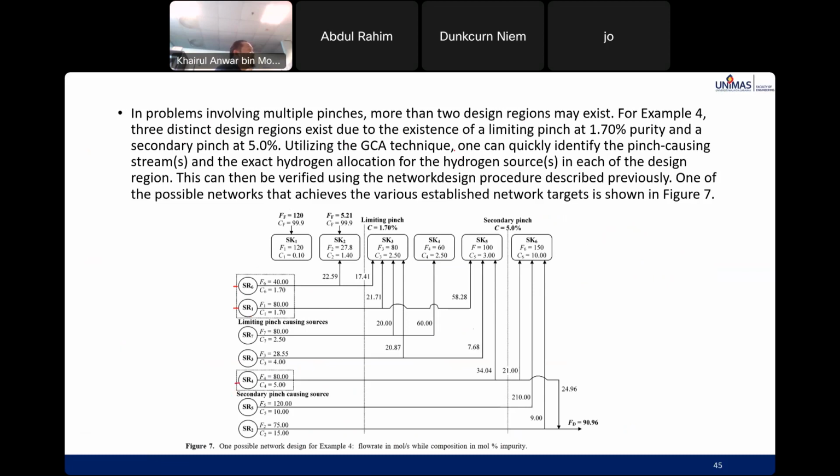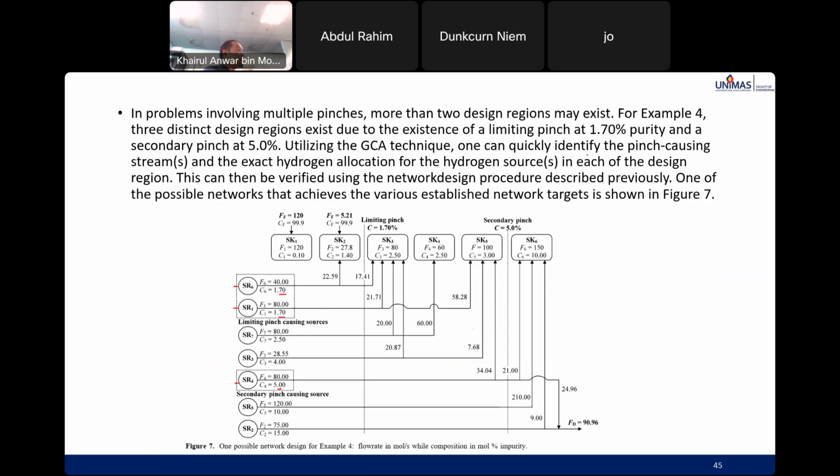Due to the existence of a limiting pinch at 1.7%. So for 1.7%, you actually have two sources, source 6 and source 1, with similar concentration, and a secondary pinch at 5%.